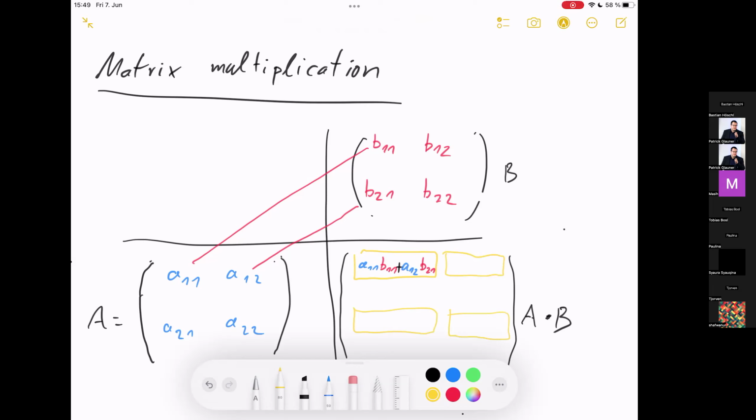Now, we can think about the complexity of matrix multiplication.